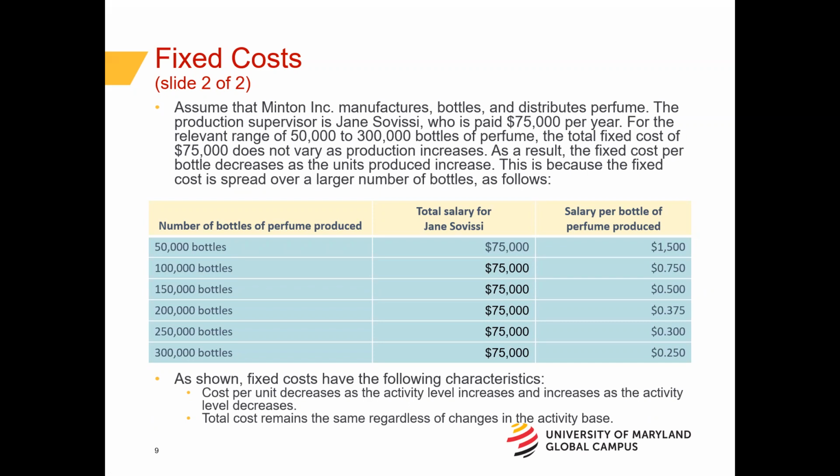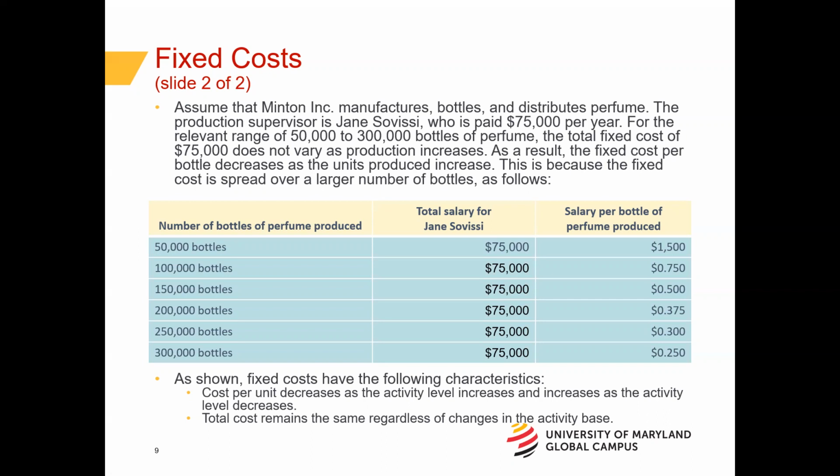In the far right column, we see the column that says salary per bottle of perfume produced. At the lowest end, it's $1.50 per bottle. It would be allocated to each bottle at 50,000 units. At 300,000 units, it becomes 25 cents.